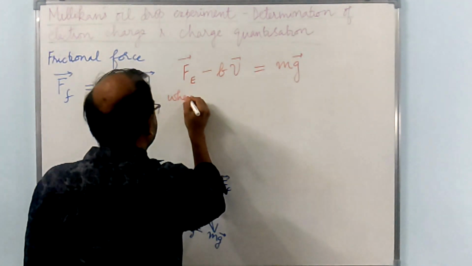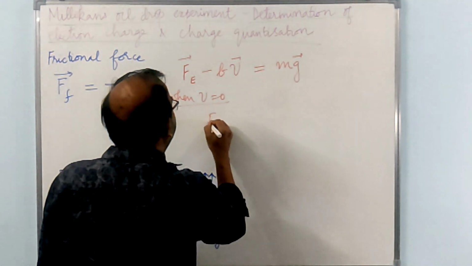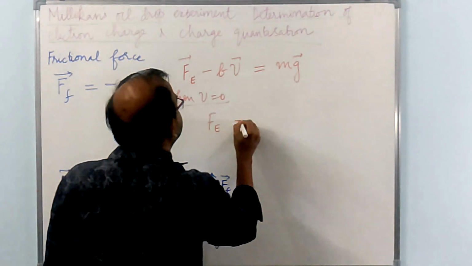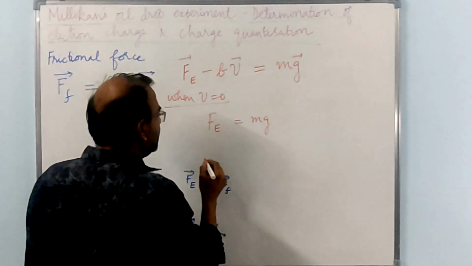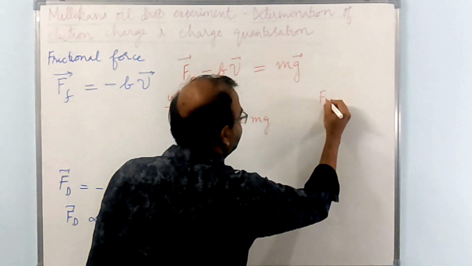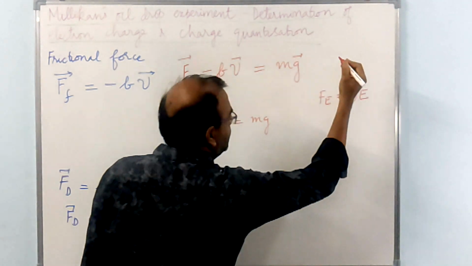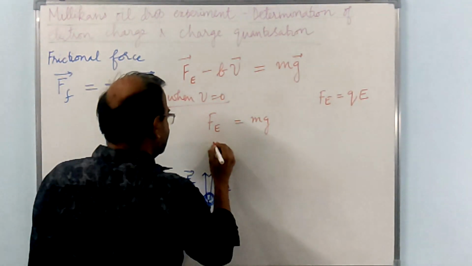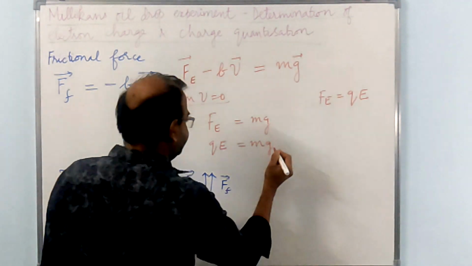When v is equal to 0, in this equation, our Fe is equal to mg. I'm writing the scalar form here. And then we know that the electric force Fe is given by the charge on the object times the electric field. So we have an equation where qE is equal to mg.